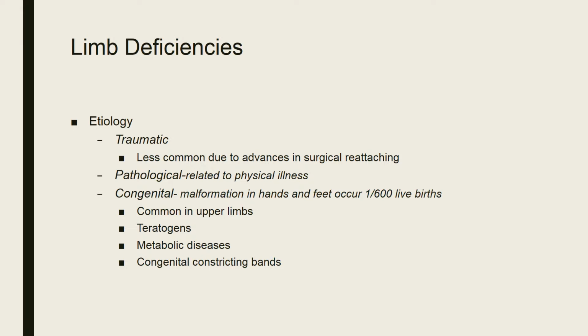These amniotic bands come from the amniotic sac that the child's in as it's growing. Sometimes bits of that fall off, and they're very fibrous, and so they can get wrapped around a limb of a child, and then as the child grows, that band sort of constricts down in that area.